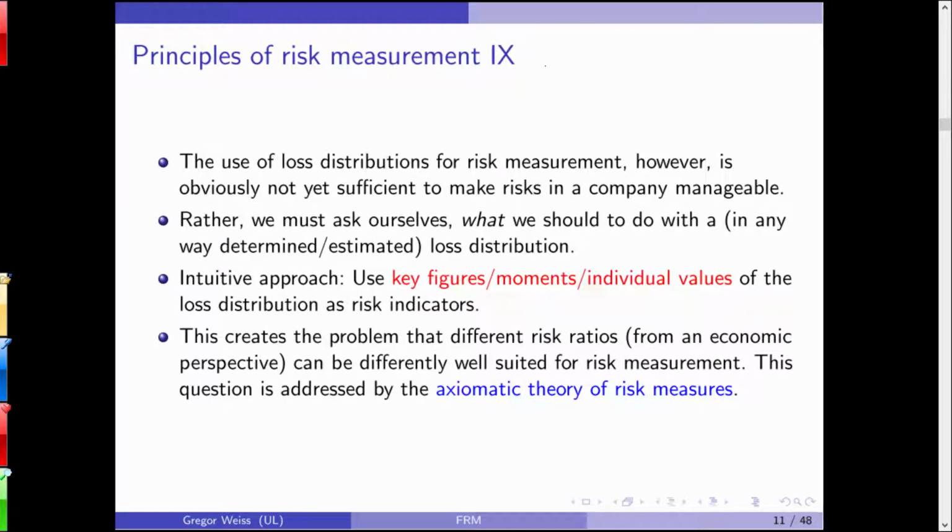Just using loss distributions, like the one I gave before with minus 200, minus 100, and minus 50, is of course not sufficient. We need something else. We are interested in using a condensed measure based on such a loss distribution, and the simplest way to do this is to use some key figures, in other words, a moment and individual values of the loss distribution.